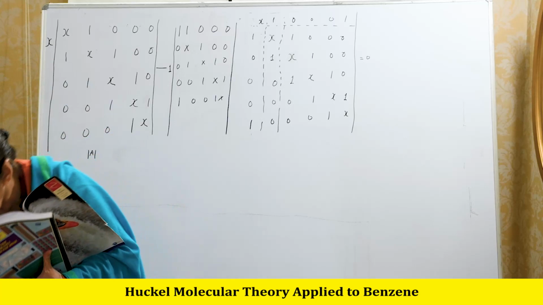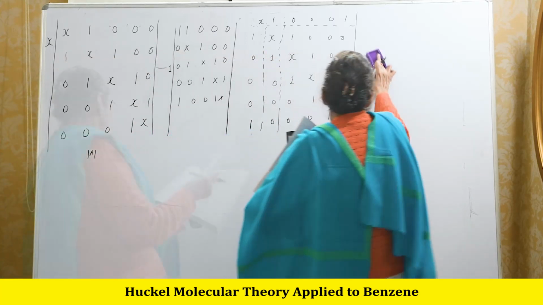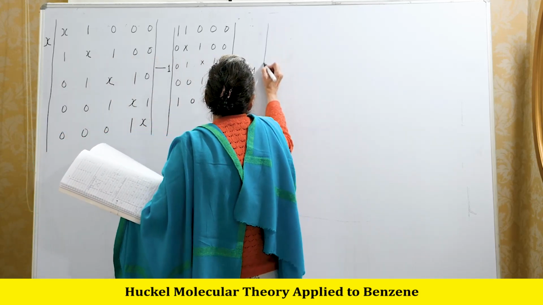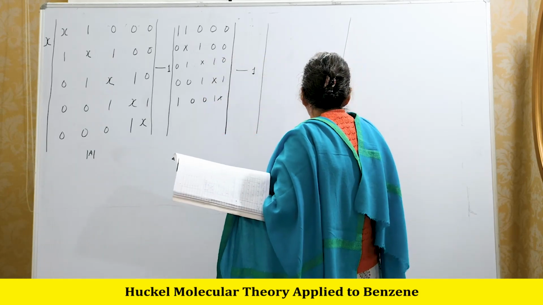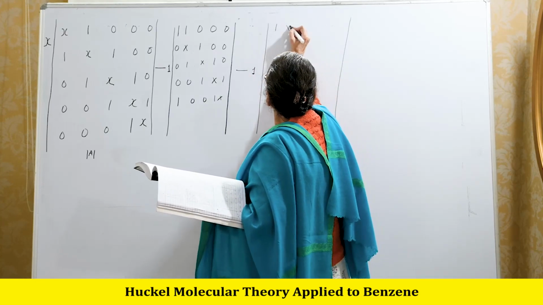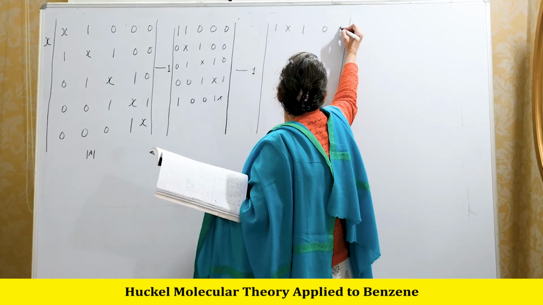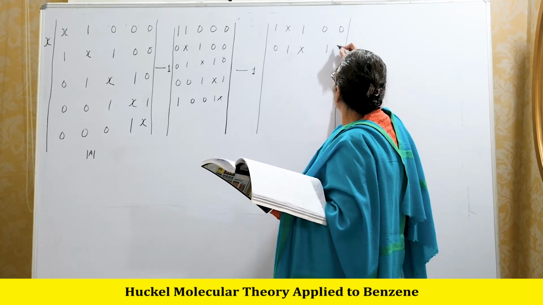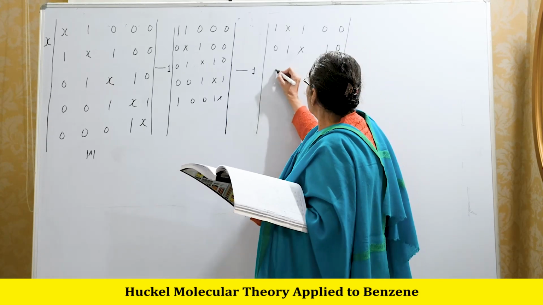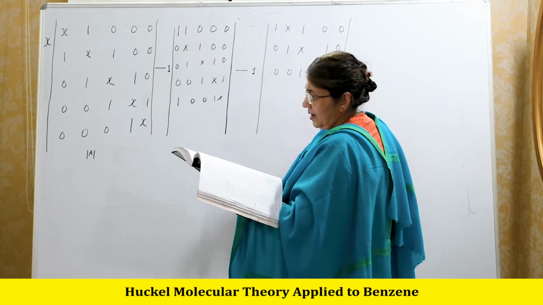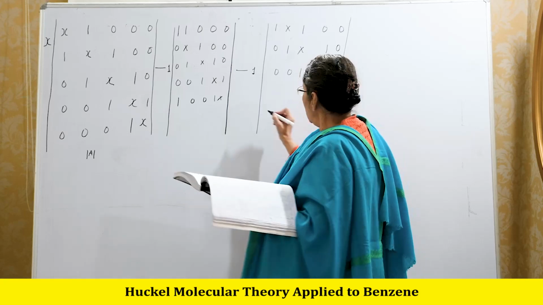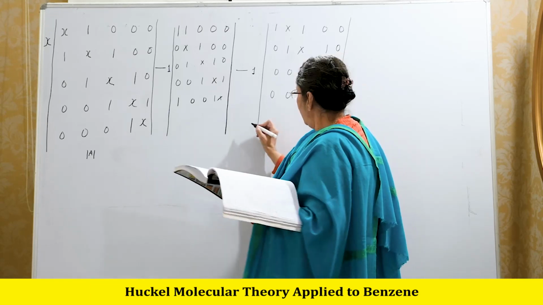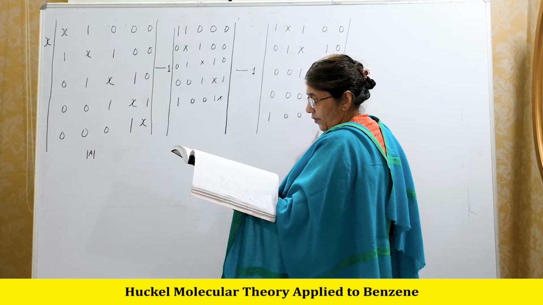And the third will be -1, again -1, and I am writing this from my copy because it is taking much time. 1 x 1 0 0 and 0 1 x 1 0 and 0 0 1 x 1 0 0 1 x 1 0 0 1 x 1, 0 0 0 1 x, 0 0 0 1 x and 1 0 0 0 1 0 0 0 and 1.